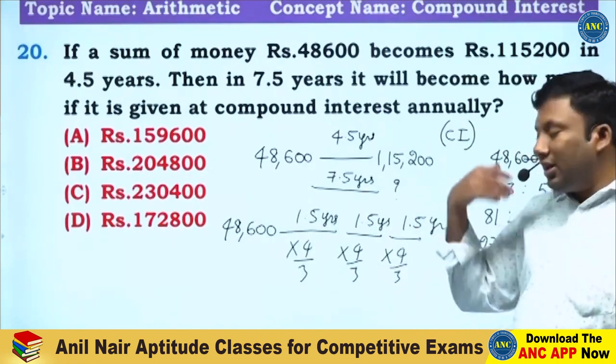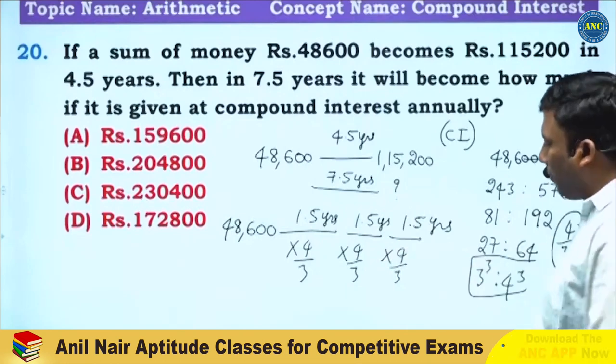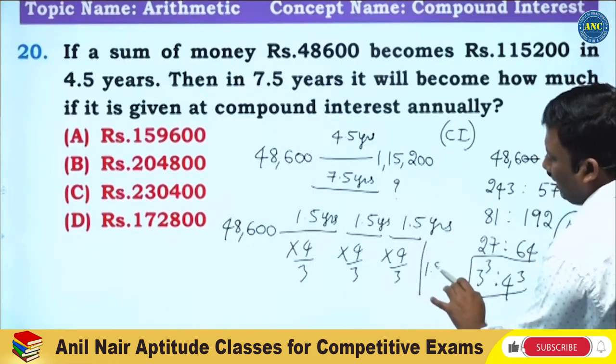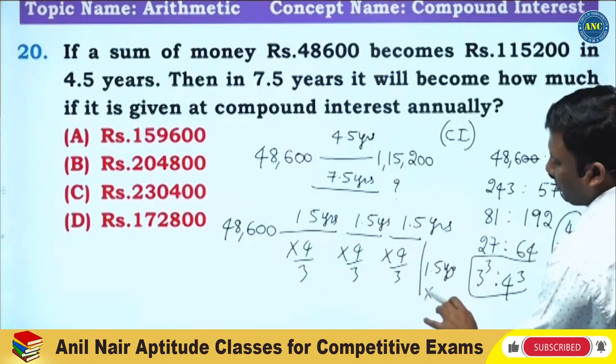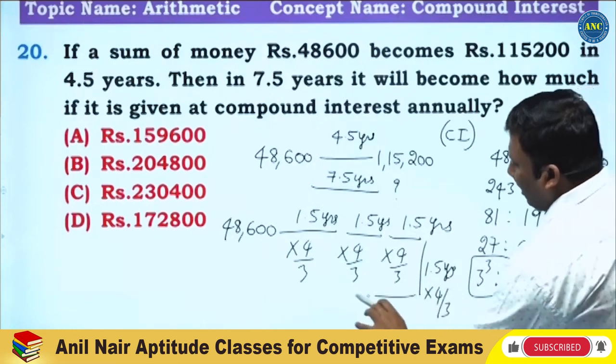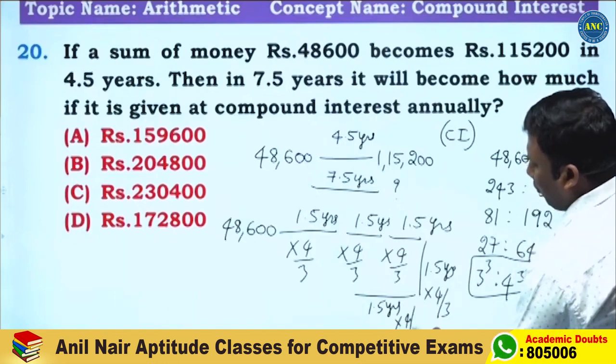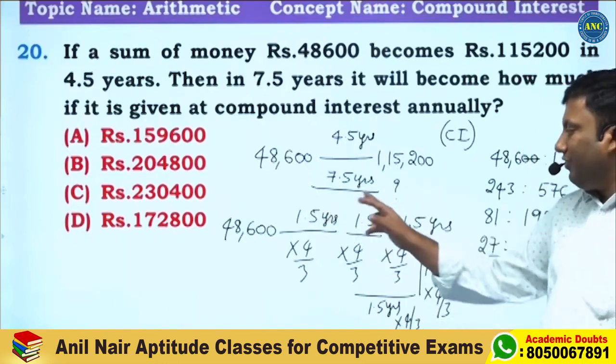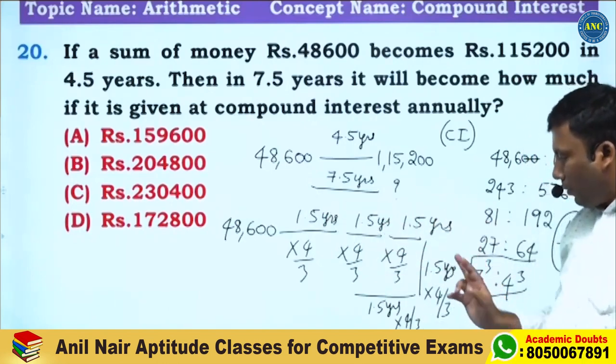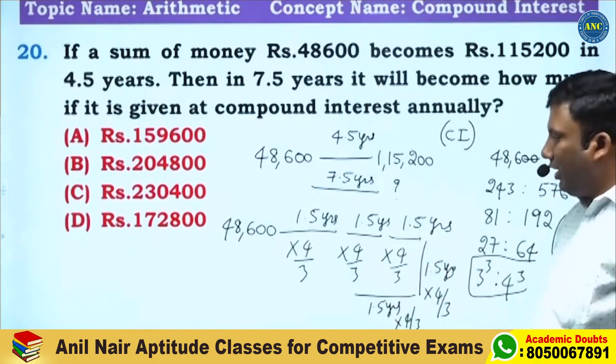I want after 7.5 years; 4.5 years is over. Again after 1.5 years, into 4 by 3, again after 1.5 years, into 4 by 3. 1.5, 1.5, 1.5 is 4.5, plus 3 is 7.5.